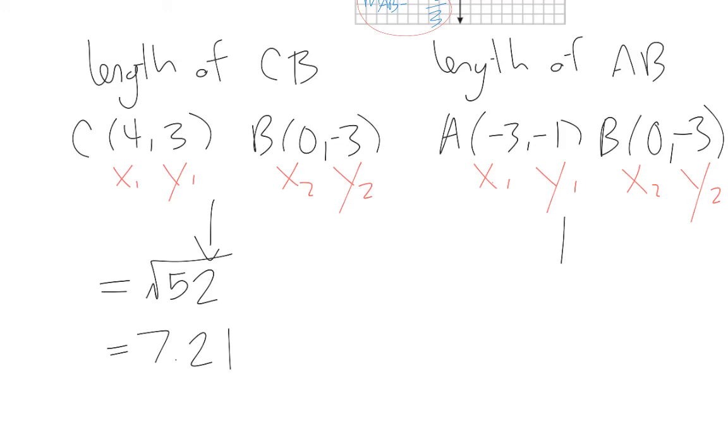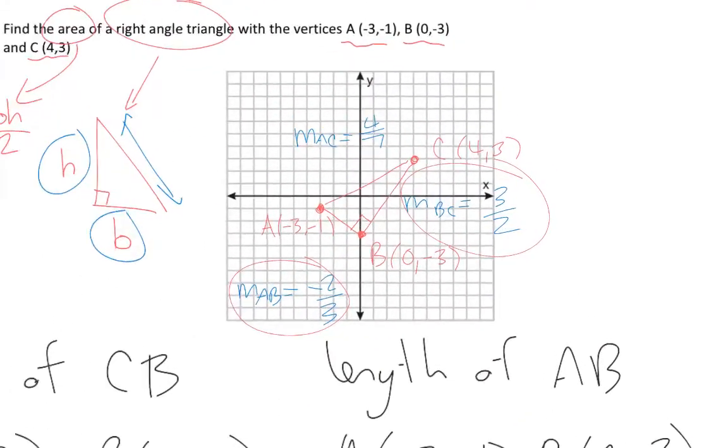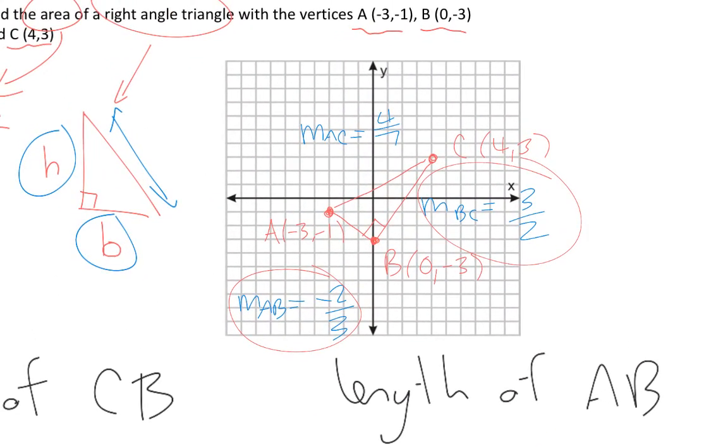Once you put it into your length of a line segment equation, you should end up with the square root of 13, which turns out to be 3.61.